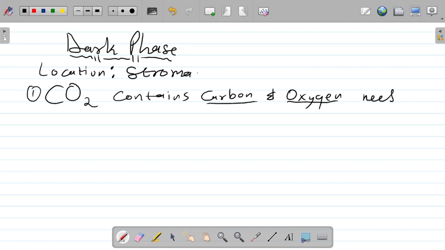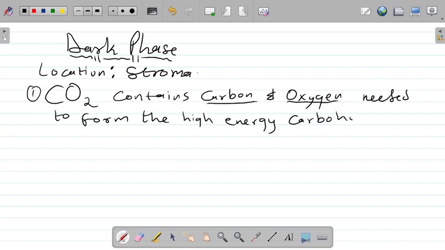It contains carbon and oxygen, needed to form, or synthesize, the high energy carbohydrate, which is starch.